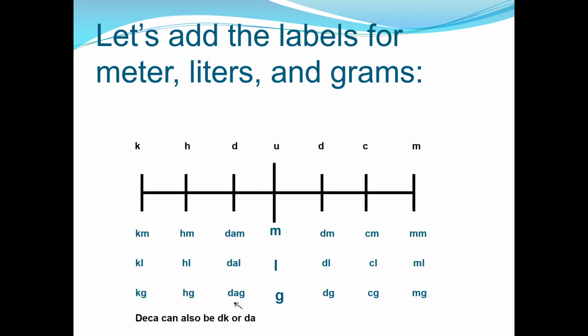So 1 decagram would be equal to 10 grams. 1 hectogram would be equal to 100 grams. 1 kilogram would be equal to 1,000 grams. 1 decigram would be equal to 1/10 of a gram, or equivalently 10 decigrams is equal to 1 gram. 1 centigram is equal to 1/100th of a gram, or 100 centigrams are in 1 gram. There are 1,000 milligrams in 1 gram.